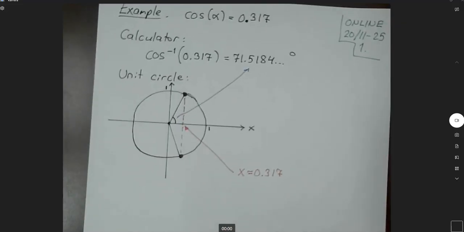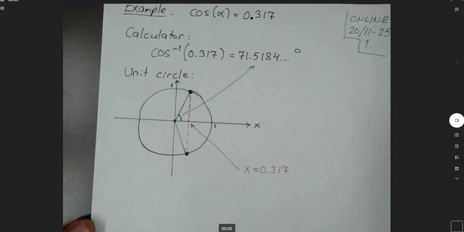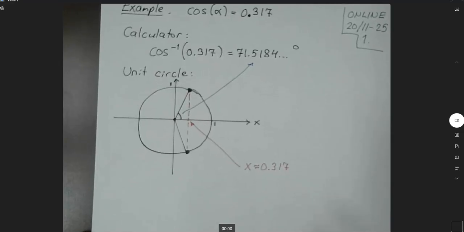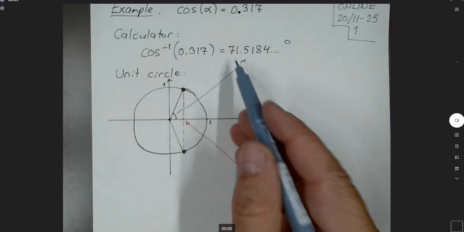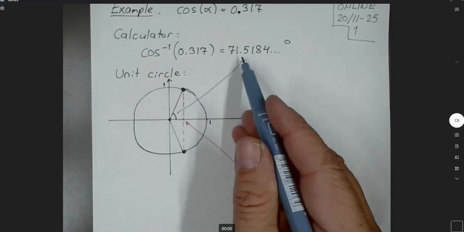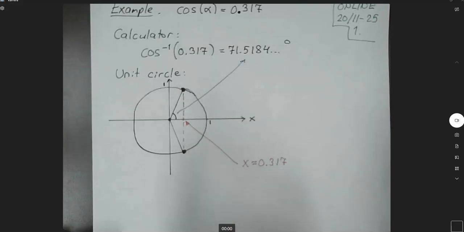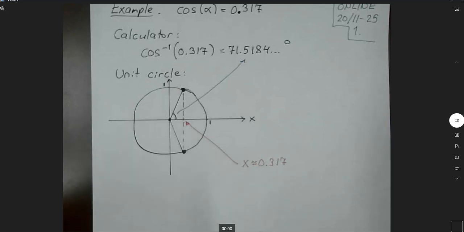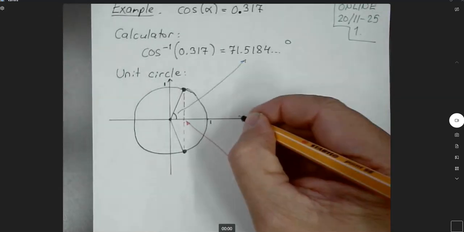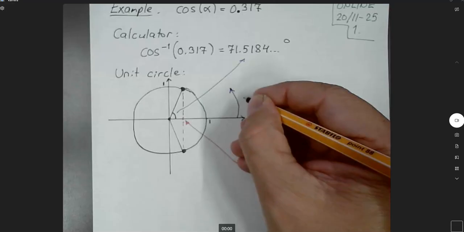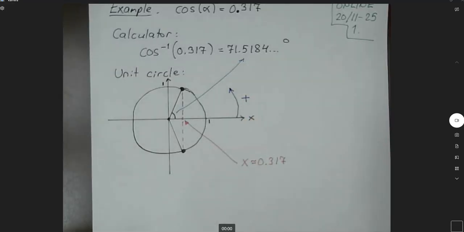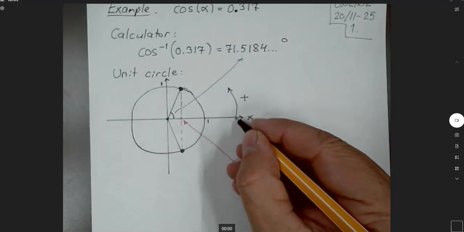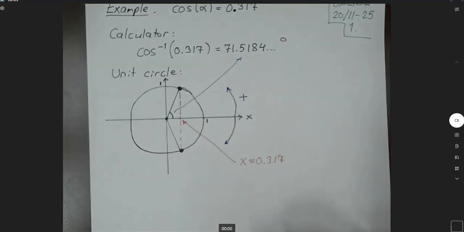We have two options. The easy one is to choose the same angle value as here, but use a minus sign, because when we are rounding the circle in the counterclockwise direction, this is the plus or positive direction, and if we are going this direction, this is the negative or minus direction.